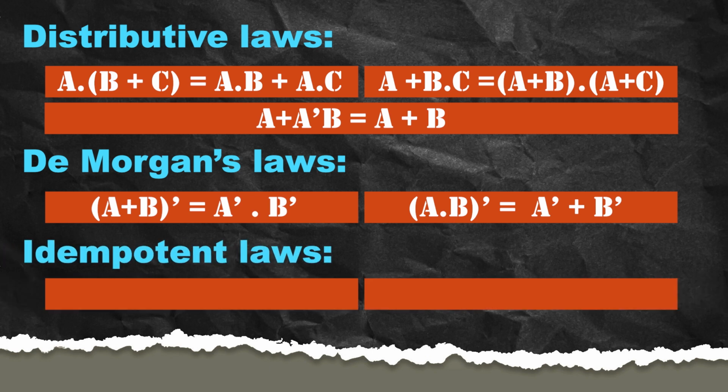We can write x plus x is equal to x, or x dot x is equal to x. Suppose if x is 1, 1 plus 1 will be equal to 1. If x is 0, 0 plus 0 is equal to 0. Similarly, x dot x, if x is 0, 0 dot 0 is 0, and if x is 1, 1 dot 1 is equal to 1.